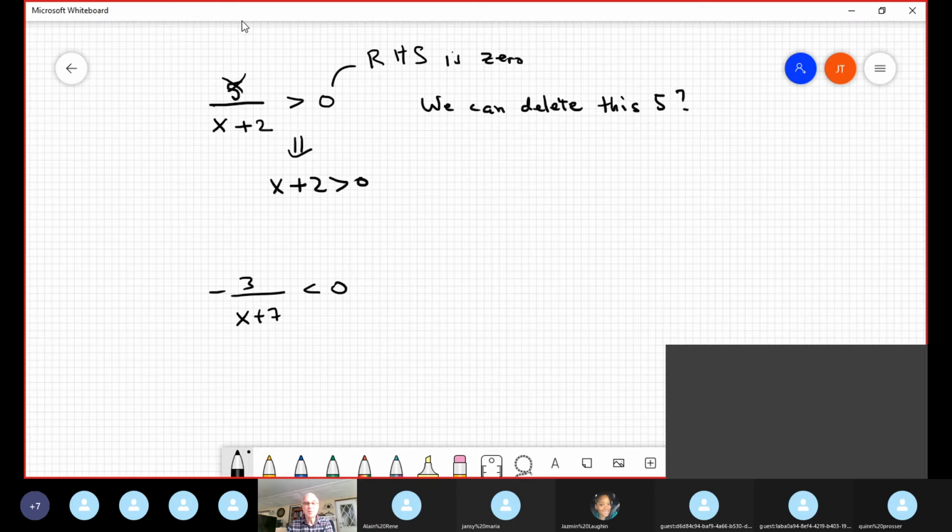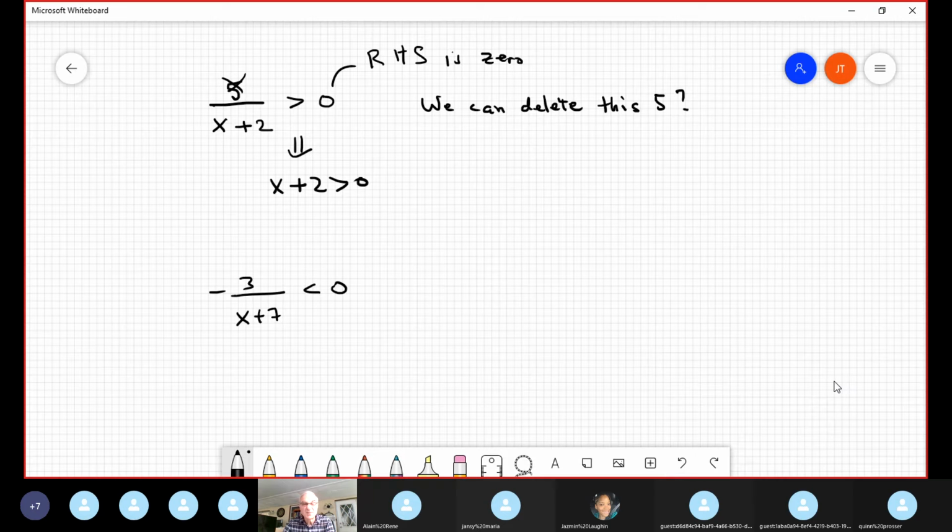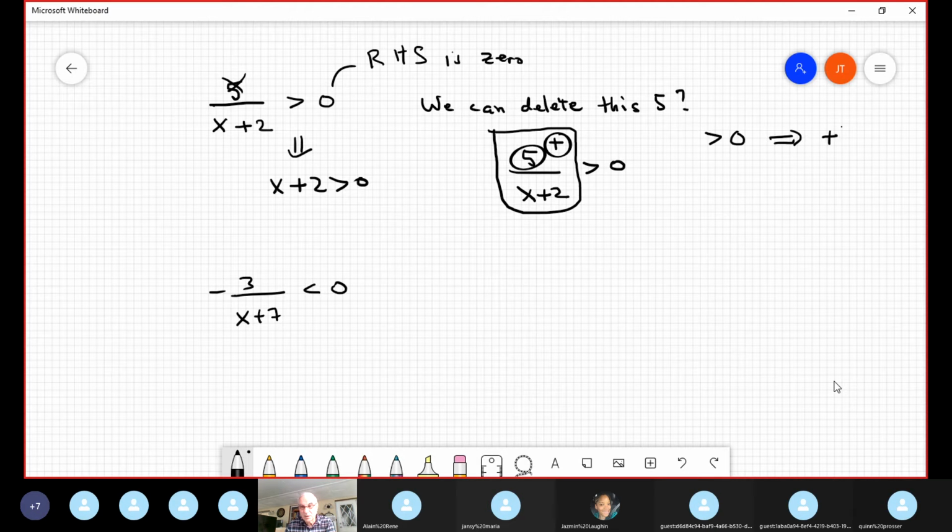No. Yasmin says no, it's illegal, totally illegal. Okay, Yasmin, let me try to understand. 5 over x plus 2 greater than 0. But 5 is a positive number, right? And remember, a positive number is not important in the inequality. For the entire expression to be positive is equivalent to saying that x plus 2 is also positive, because 5 is positive.